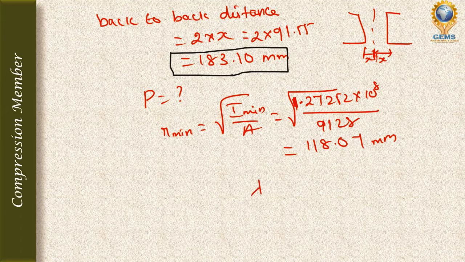The maximum slenderness ratio is LE by r minimum, effective length by r minimum. So the effective length is 3900 by 118.07, that is equal to 33.03. This is the lambda. So we got the lambda value. So what is this sigma AC?